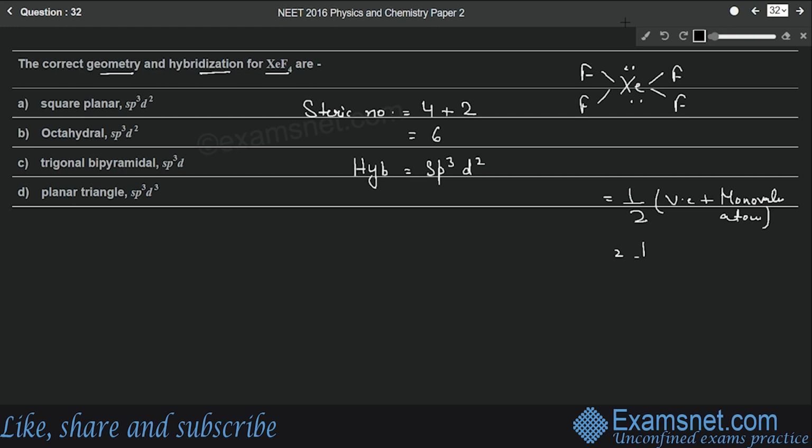Valence electrons in xenon is 8 plus monovalent atoms bonded are 4. So half into 12, that is 6 again. So there are two ways in which you can find the steric number. So 6 means that the hybridization will be sp3d2, and sp3d2, that means shape.